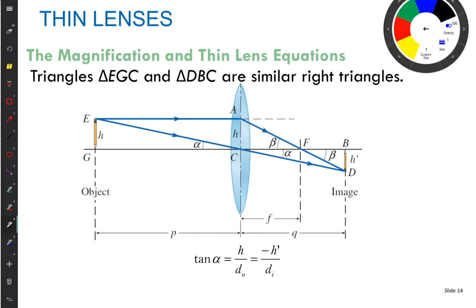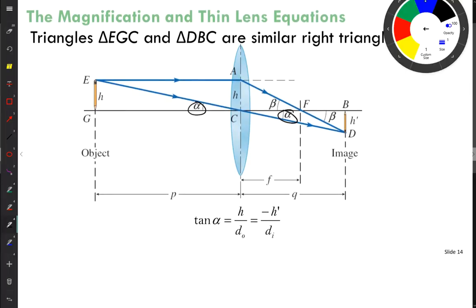This angle here has to be the same as this angle because it's the angle between the same 2 lines. So tangent of that angle is the opposite side, the height of my object, divided by the distance of my object. You see here I use d sub o for object distance. On the other side, it's the height of my image divided by the image distance.